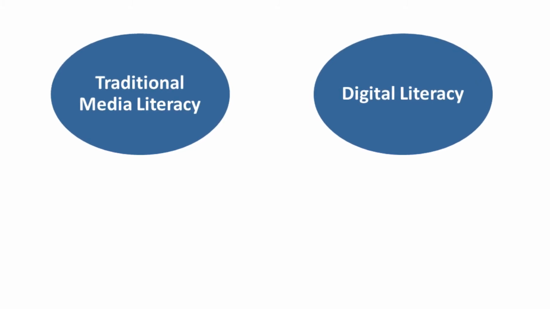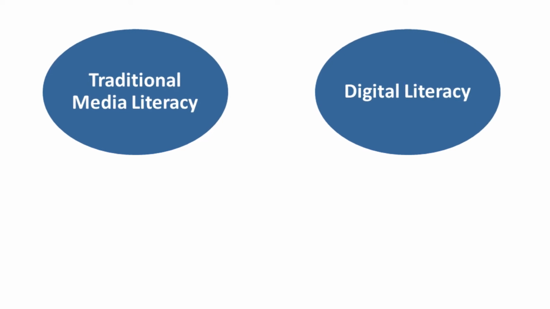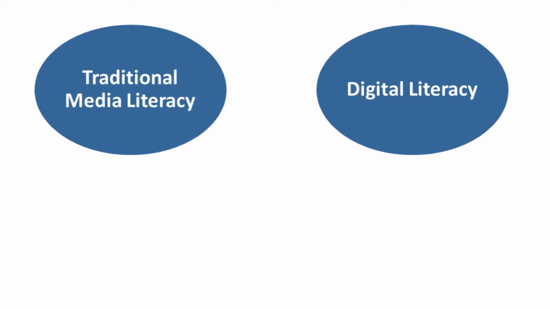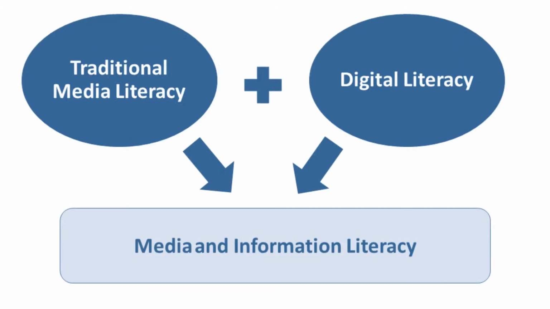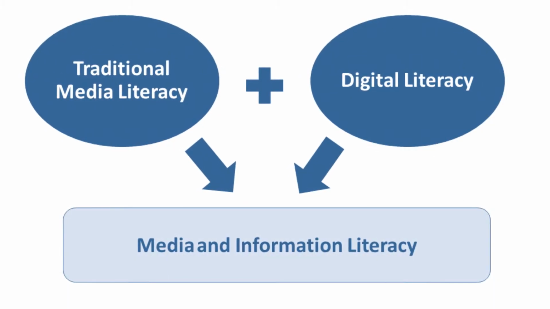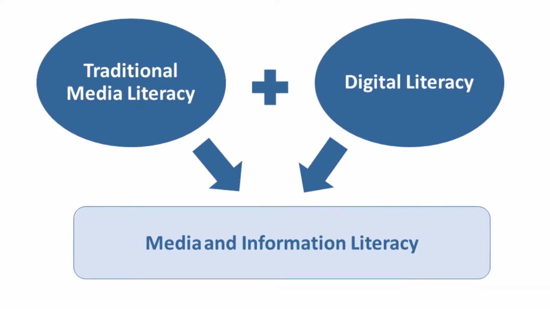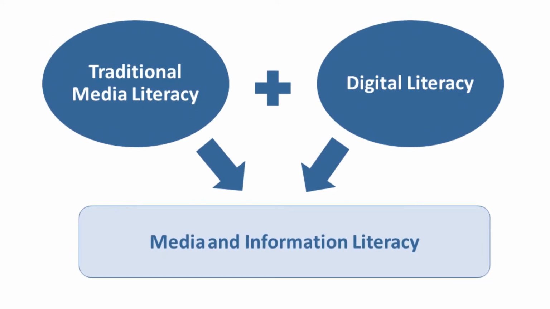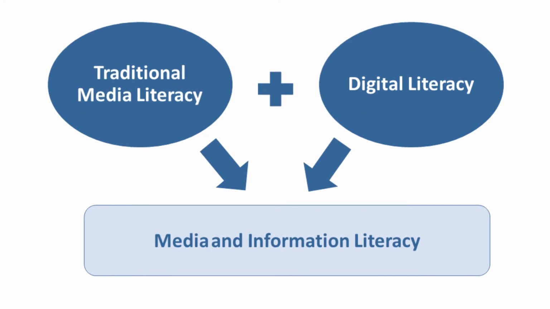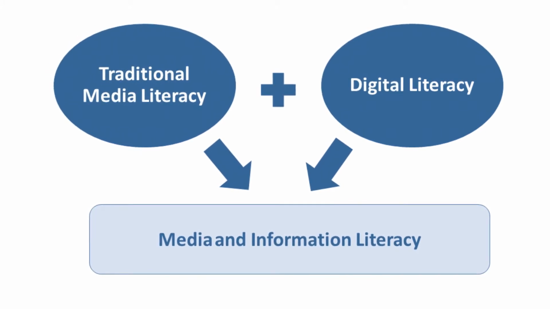Therefore, new terms such as digital literacy, media and information literacy, and even social media literacy have begun to emerge. For instance, UNESCO developed a definition of media and information literacy in 2013, which aimed to incorporate digital and traditional aspects of media literacy, so that people discussing the topic would all be on the same page.